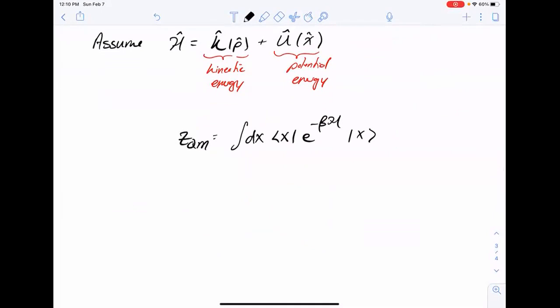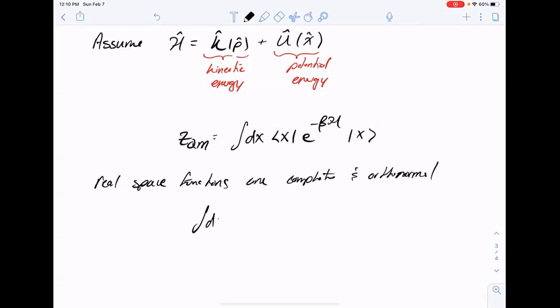Those functions would need to satisfy a completeness and an orthogonality, mathematically represented by a resolution of the identity and orthogonality through the Dirac delta function.